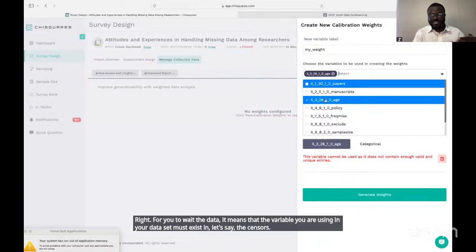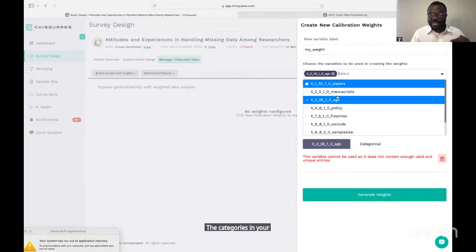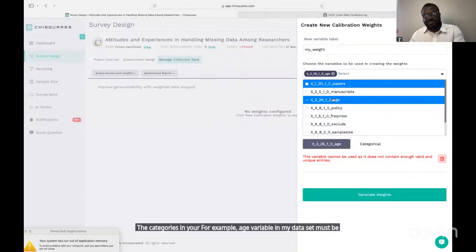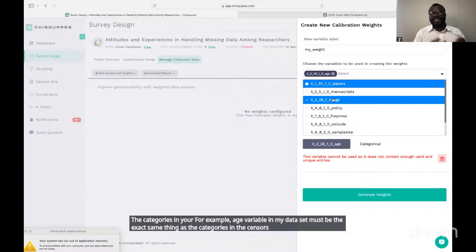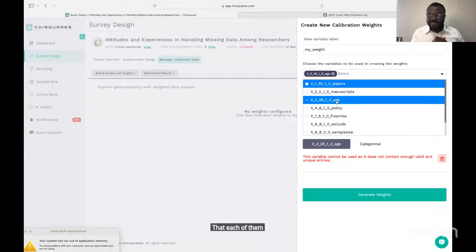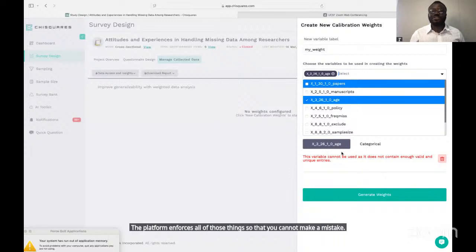The categories in, for example, the age variable in my data set must be the exact same thing as the categories in the census. And if in my survey I stated that the variable has values of male, female, and other, each of them must have responses in them that meet NCHS guidelines. The platform enforces all of those things so that you cannot make a mistake. And if you're going to make a mistake, it's going to tell you.